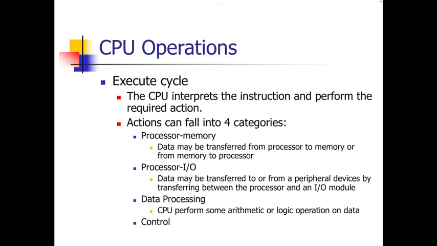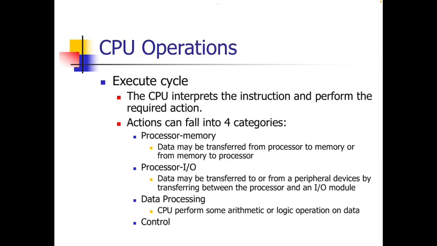So what do we have in the execute cycle? The CPU interprets the instruction and performs the required action. After we have our instruction in the register, the CPU will interpret what kind of instruction it is and what kind of action to do. This action can be categorized under 4 categories.